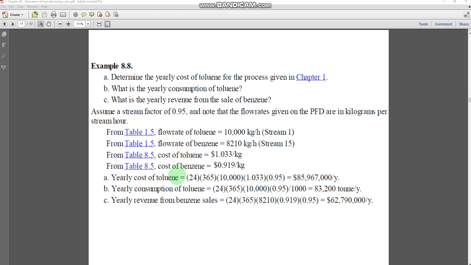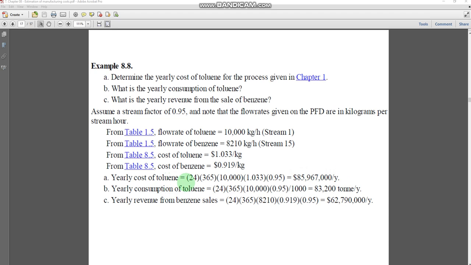If you want to calculate the yearly cost for the toluene, there are 365 days, 24 hours per day, 10,000 kg per hour is the flow rate, 1.033 is the cost, and then you have to multiply this with the stream factor to get the value for the toluene in terms of dollars per year. It is around $85 million per year.